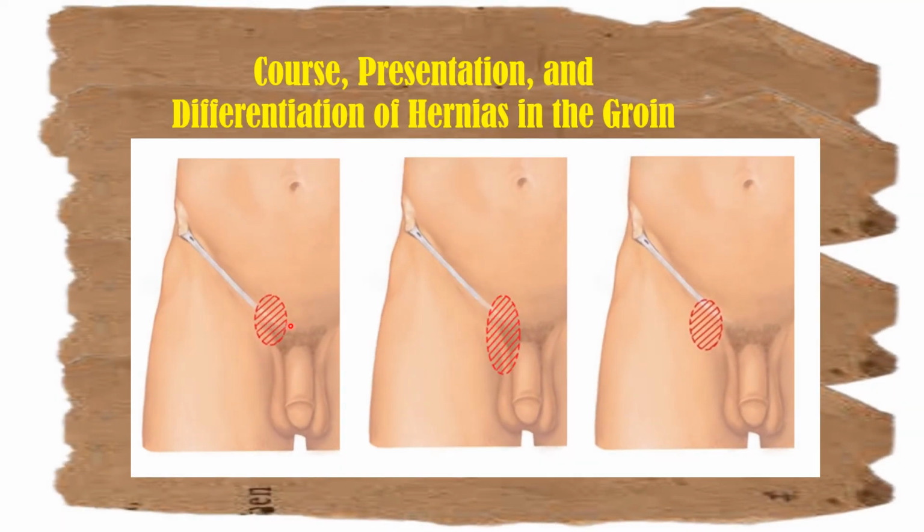Alright, ito lang ay a continuation dun sa ating presentation in the previous slides. The first image here is the indirect hernia, which is most common, that appears in all ages and both sexes. It could appear in both men and women.